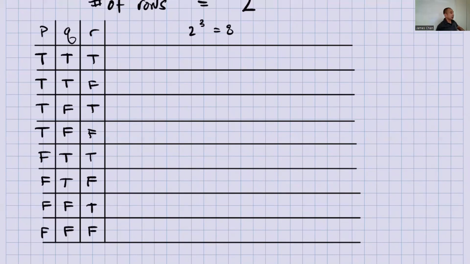If you want to always start with false, then the truth table will be exactly the opposite, the upside down version. So I would say always start with true. Because I have 8 rows, I know it's going to be 4 and 4, and then 2 and 2. Since I start with true from the get-go, I'm going to go true, false, true, false, and then true, false, true, false, true, false, true, false.